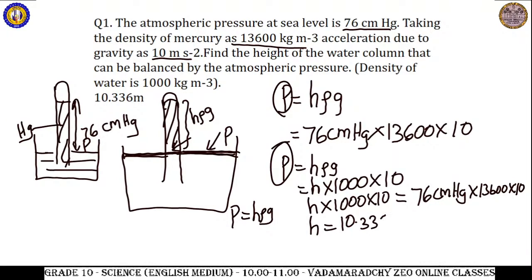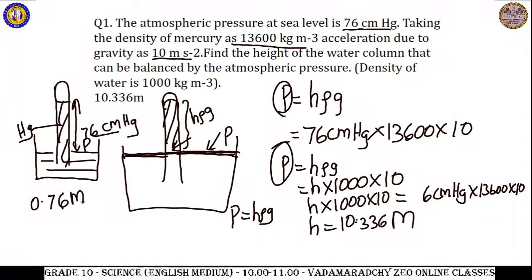10.336 meter. When we use mercury, we get a height of only centimeters. So when we use mercury as the liquid in the barometer, a tube of 1 meter is enough, because 76 centimeter means 0.76 meter.